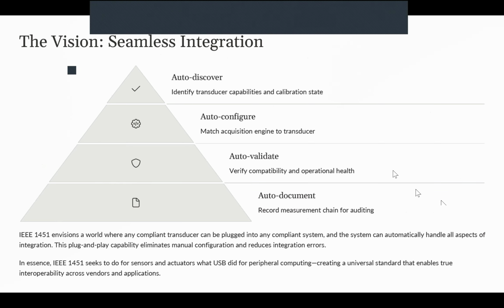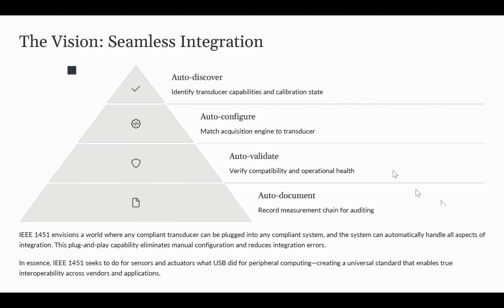Now, when we talk about the IEEE 1451 standard, basically the vision is to have sensors that could auto discover themselves, which means they could identify transducer capabilities.